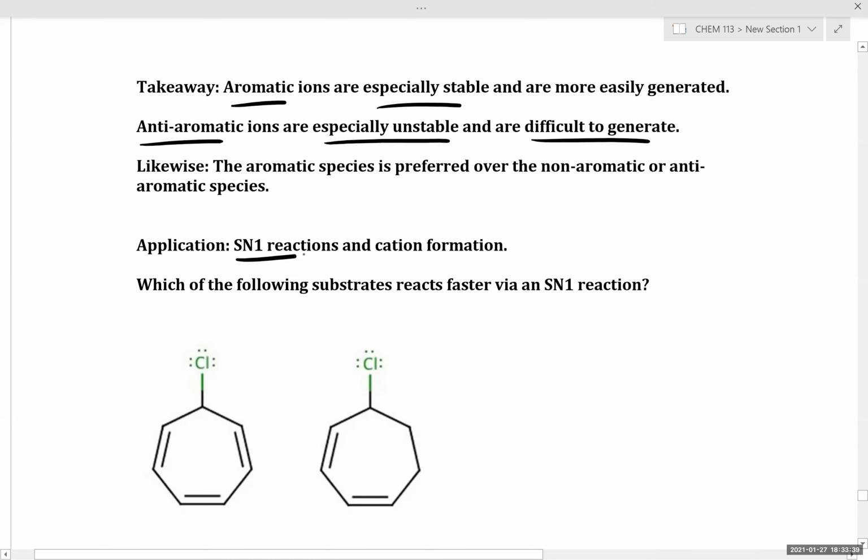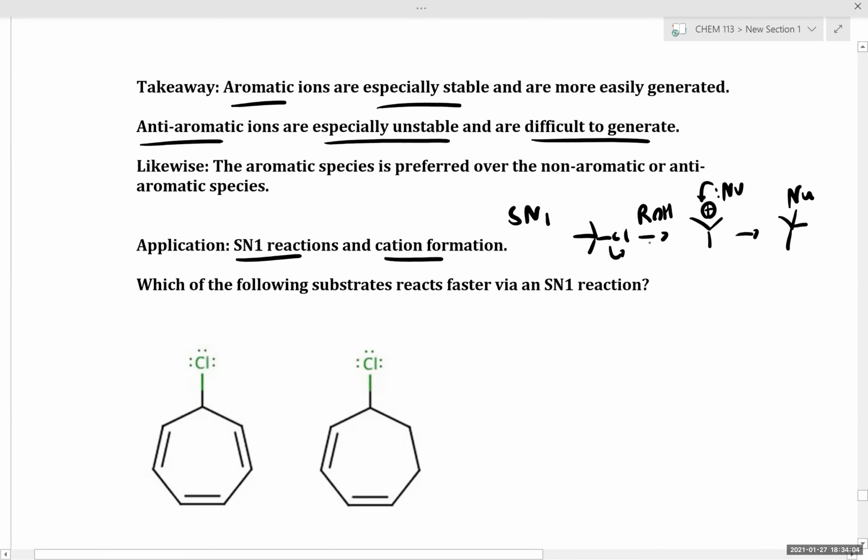So if we think about SN1 reactions and cation formation, if you have an alkyl chloride and you treat it with an alcohol, the first step is loss of our leaving group to make our cation, and then we attack it with our nucleophile, right? This is a textbook SN1 mechanism.